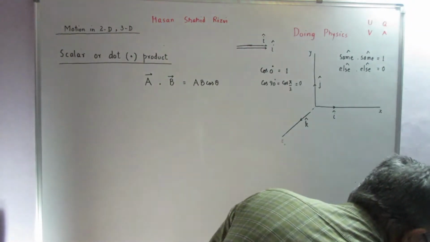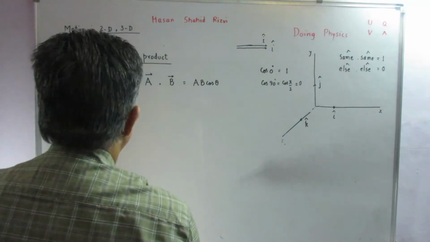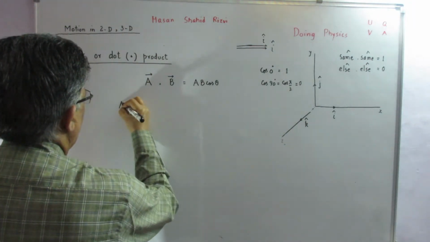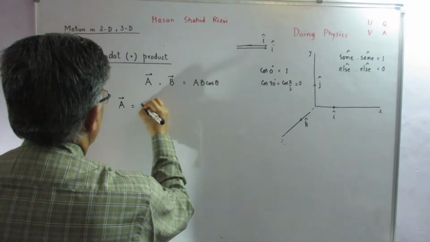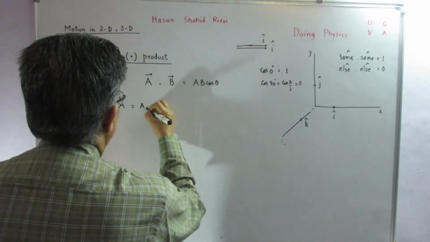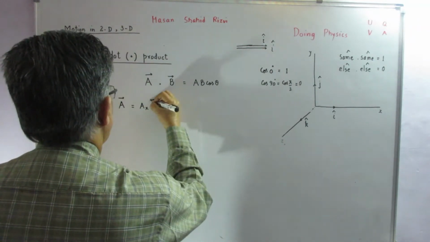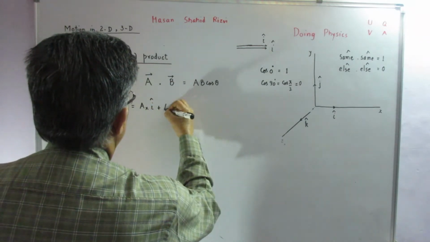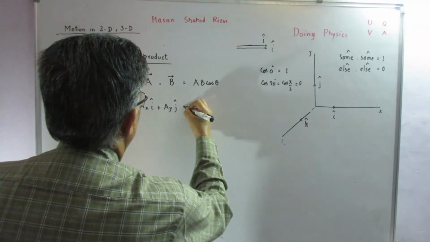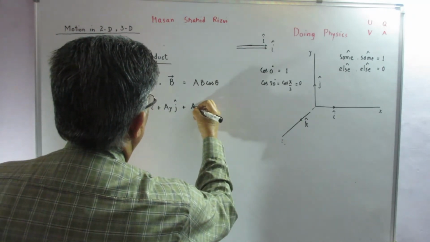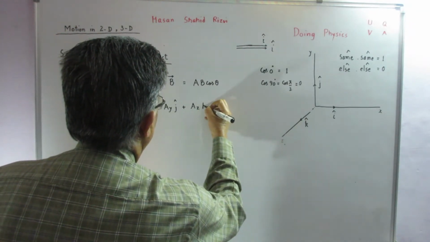And write a generalized vector A having the component Ax in the x direction: Ax i cap plus Ay j cap plus Az k cap.